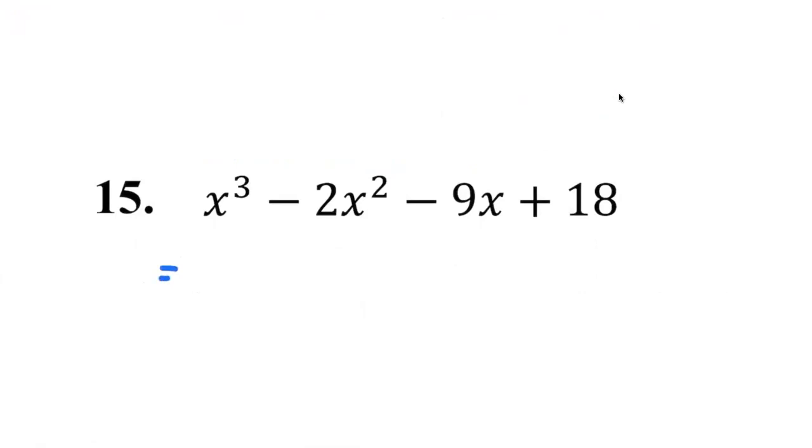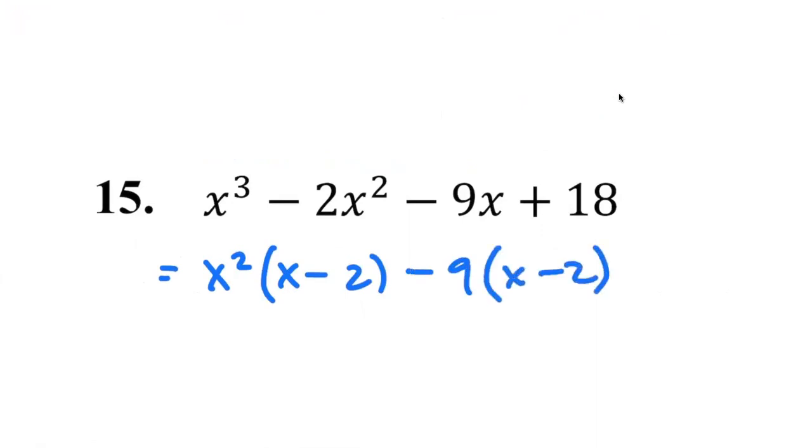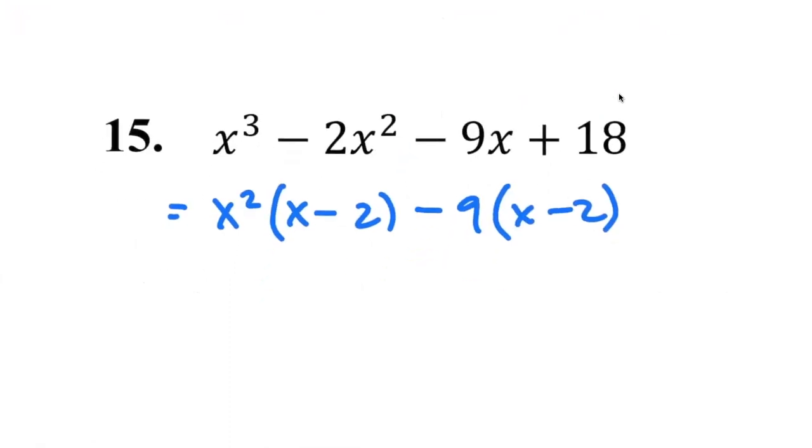So you have x squared, and for the first two terms you have x minus 2 left behind. For the second group, you factor out the -9, so you have x minus 2 again, and it's pretty obvious that you have x minus 2 right there. You factor x minus 2 out one more time. So what's left? X squared minus 9.